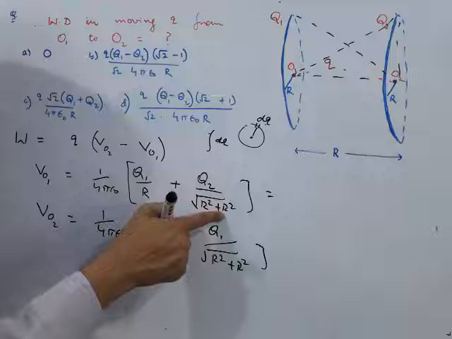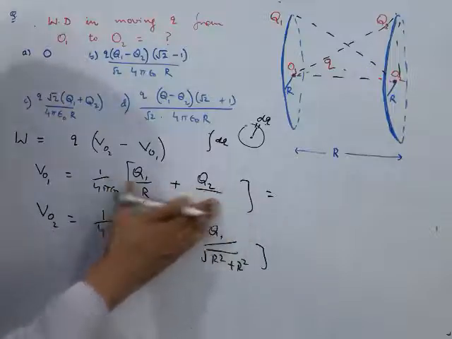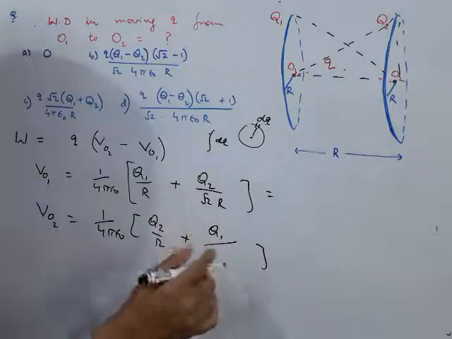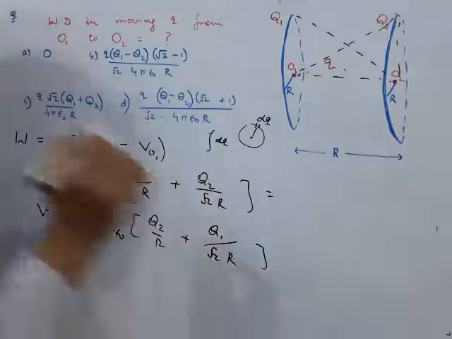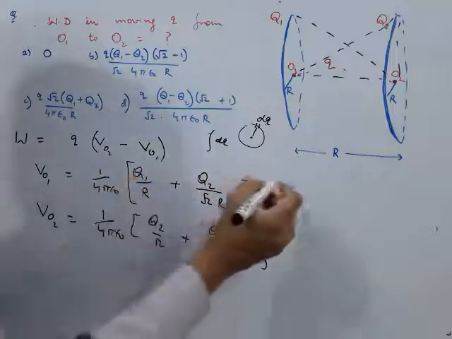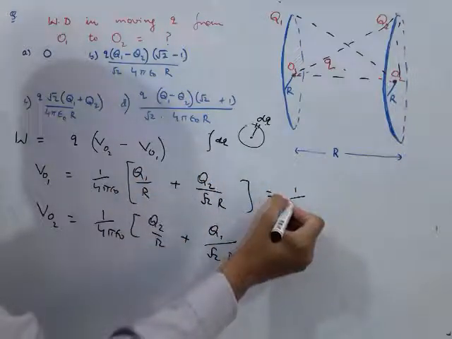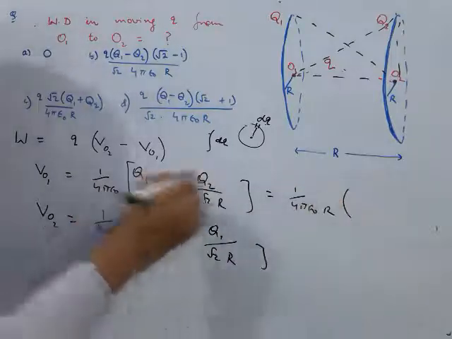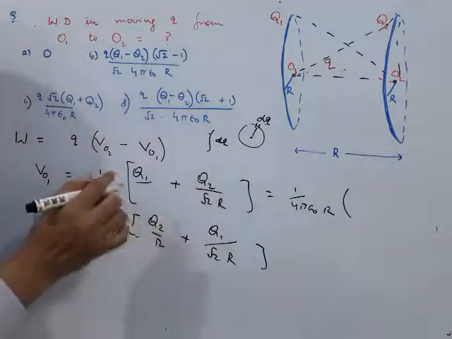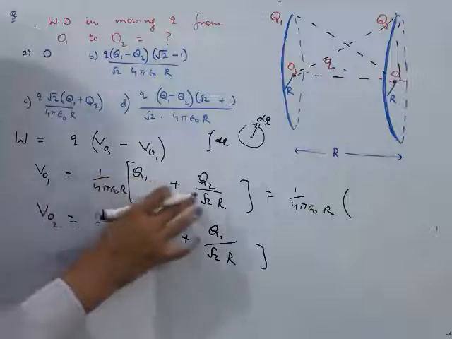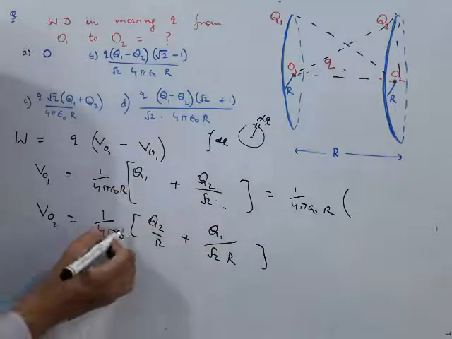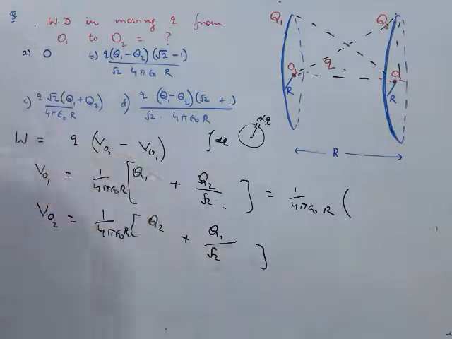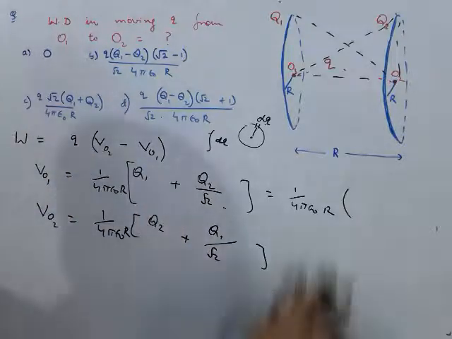R square plus R square is 2R square, so we take the square root and are left with root 2 times R. Here also we get root 2 times R. So we can take 1 by 4 pi epsilon naught and R as common. So Q1 plus Q2 by root 2. Here also we take R common. So Q2 plus Q1 by root 2. So these are our potentials.